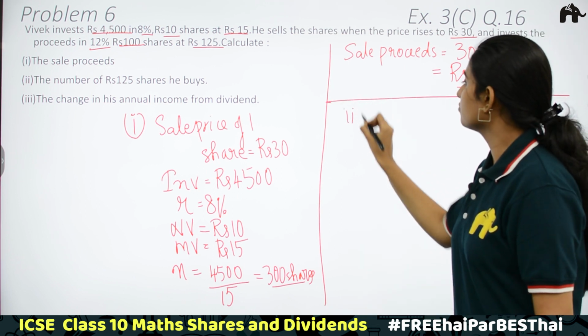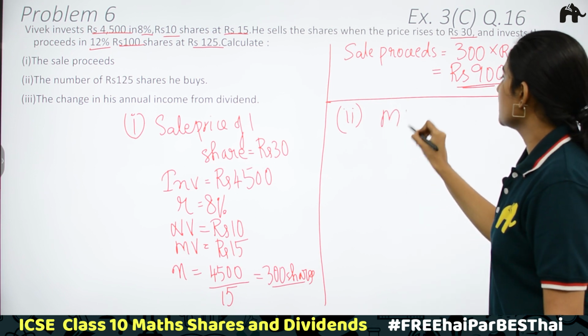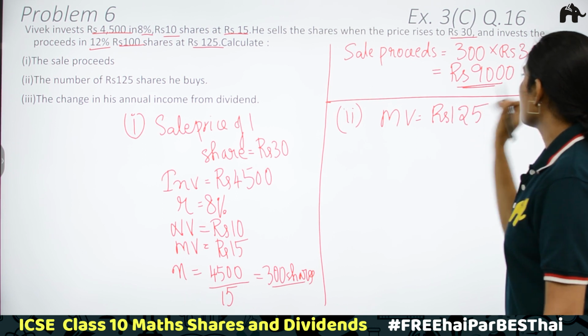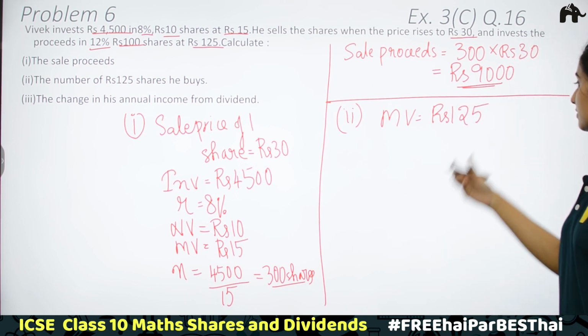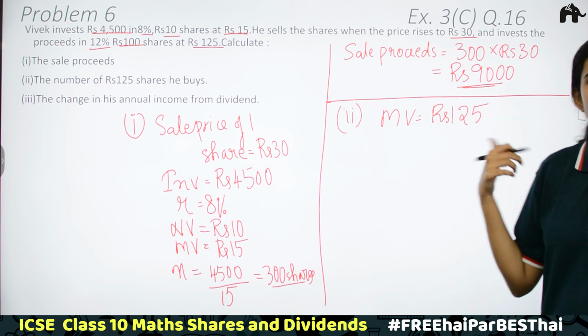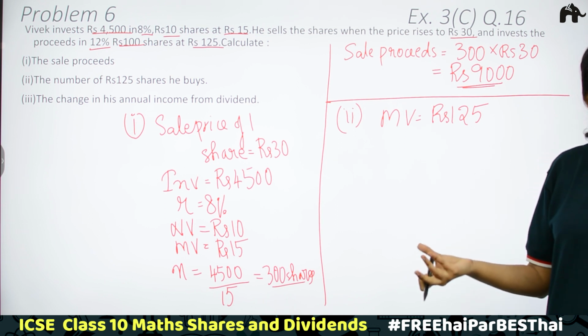Second part. Market value is given, rupees 125. Yes? We need to find the number of shares here. We have the total investment because the sale proceeds is the total investment in this case.